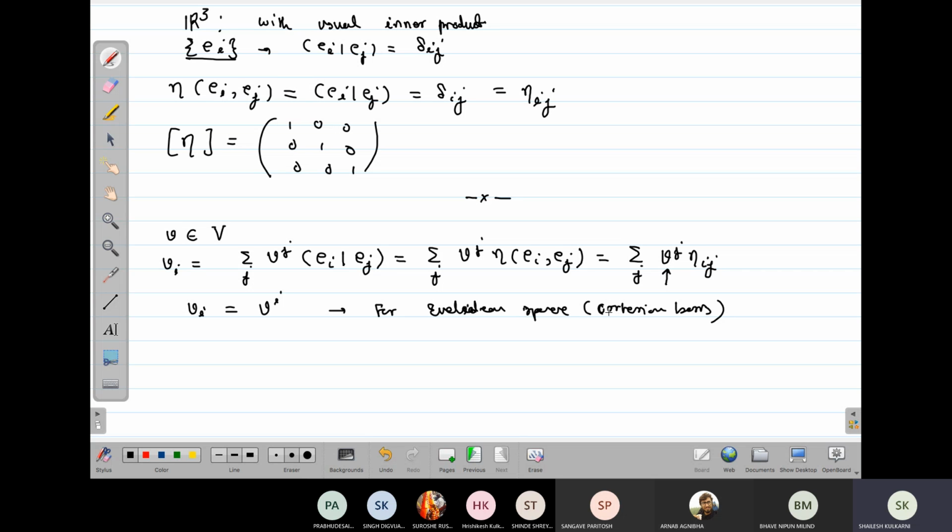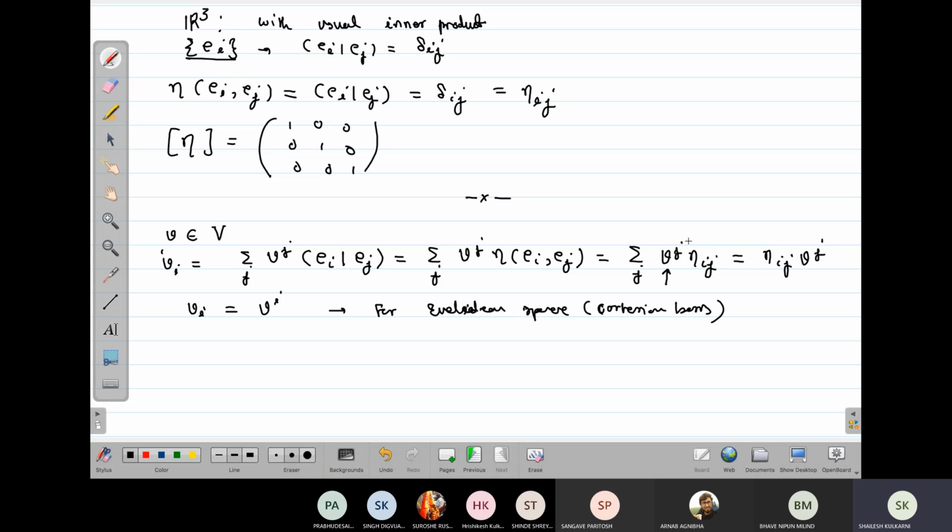Is it clear? So in a sense, I will not write summation here. I will just write eta ij vj, summation over j is assumed. In a sense, I am lowering the index of this v. What is happening? You see, this upper j is lowered through the action of eta, and I am getting v lower i.